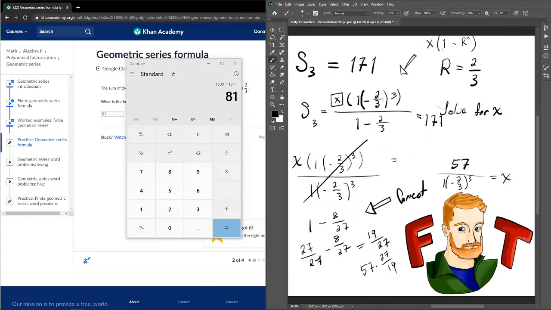So what I did is I took this and I thought it was 1 times r to the n, which is clearly wrong. So this is the sort of thing that I gotta watch out for, to make sure that I'm subtracting and not multiplying.